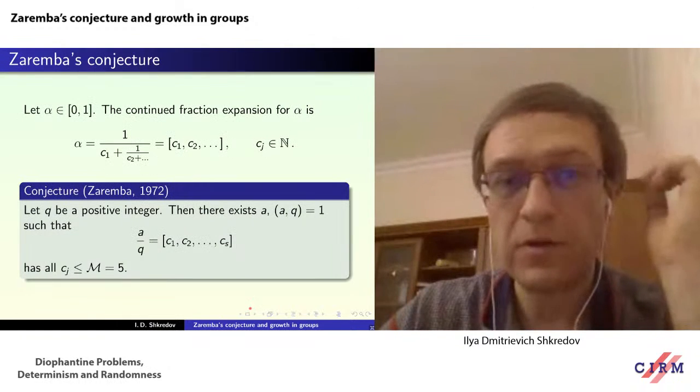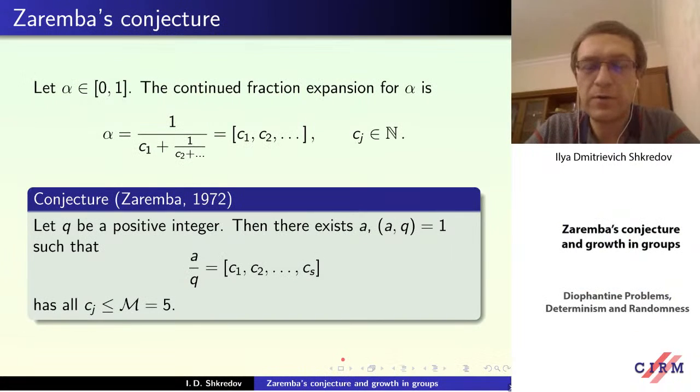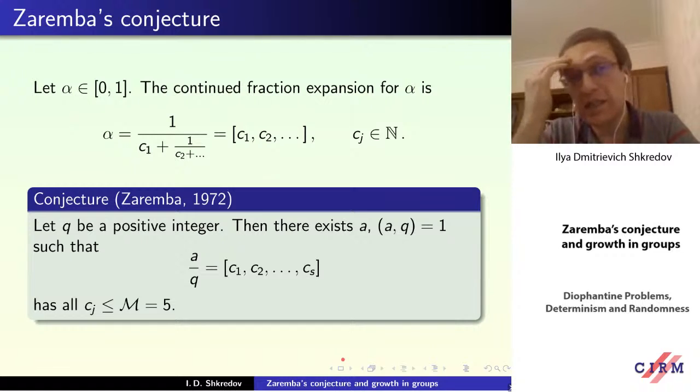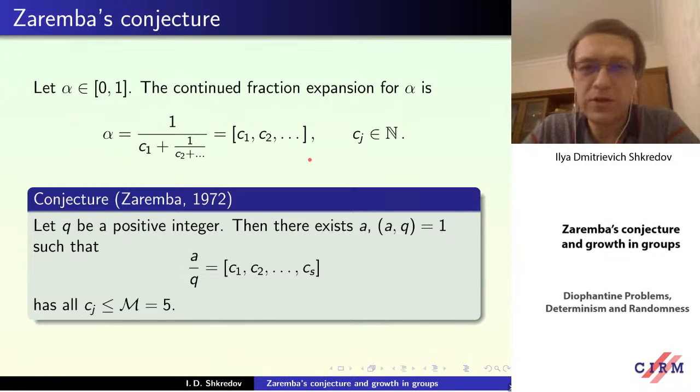So first of all, let me remind this rather well-known conjecture from the theory of continued fractions. We consider the continued fraction expansion in the following expression, where the a_j are positive integers, called partial quotients. And the Zaremba conjecture asks the following question.